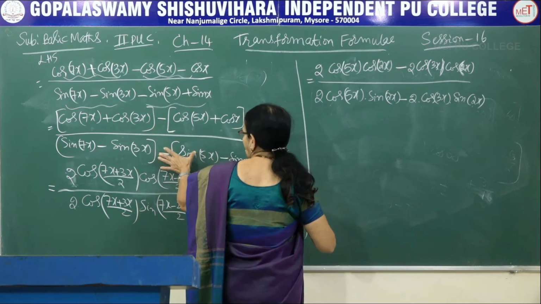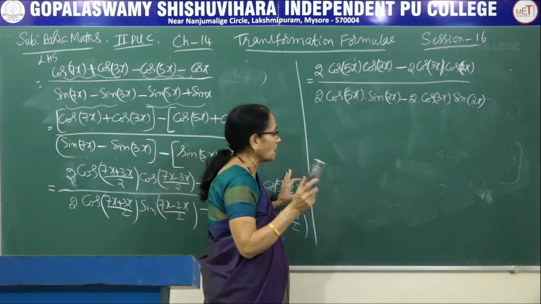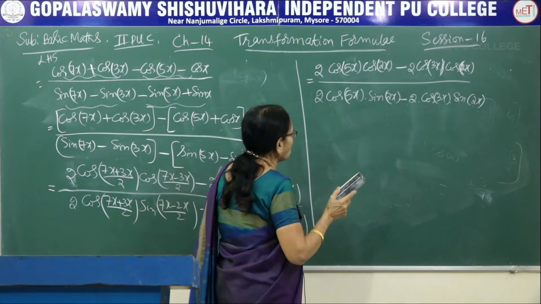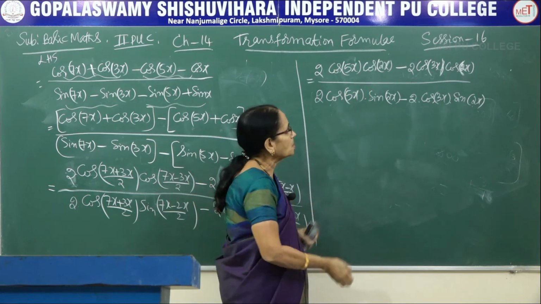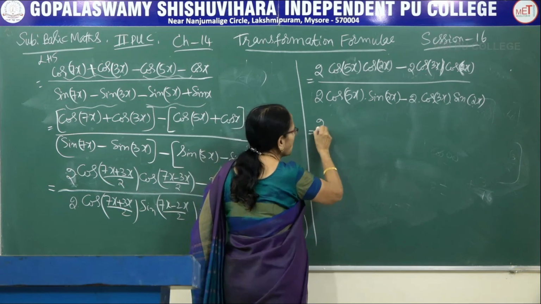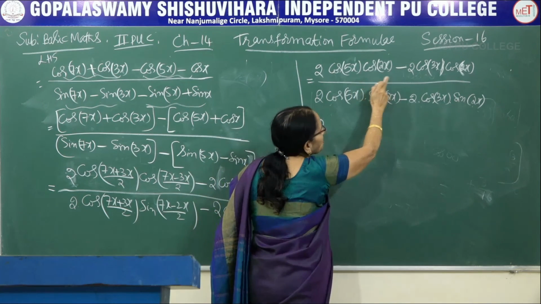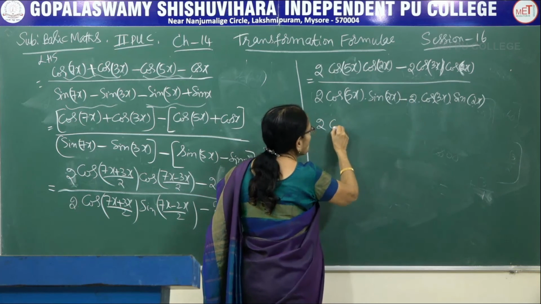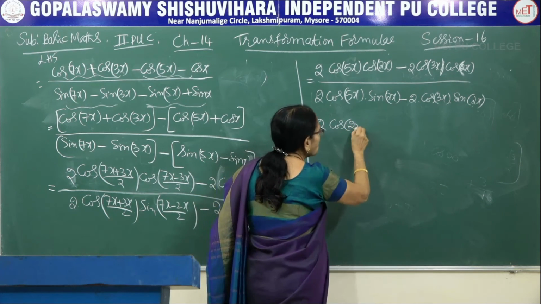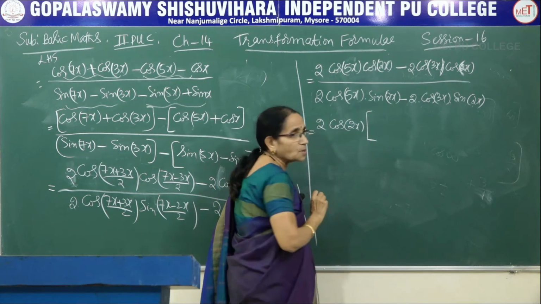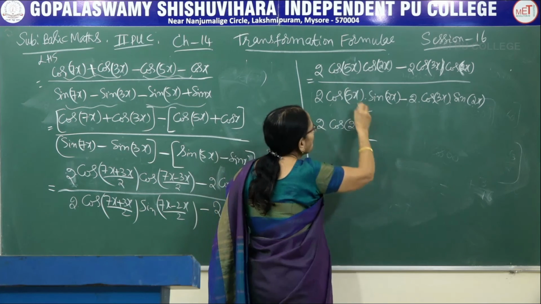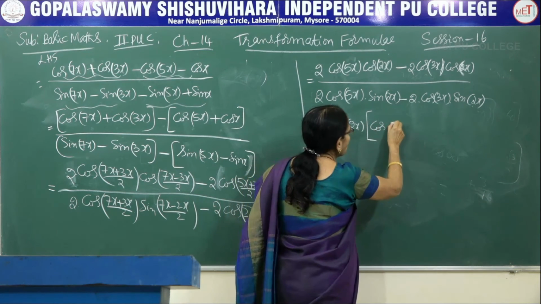So I am doing only one calculation in one step. Here I have grouped the terms, taking out the common factor minus. Then I have applied the appropriate formula. I have simplified. Now let us take out the common factor. First one 2. Then cos 5x cos 2x, cos 3x cos 2x. So what's the common factor? Cos of 2x. Right inside the bracket. What is remaining? Cos of 5x.